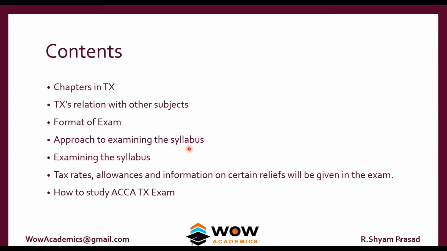What kind of question paper you'll be getting, the tax rates, allowances and other information on certain reliefs that will be given in the exam. What is given in the exam to you, the kind of information that will be given, and how to study for this ACCA TX paper.